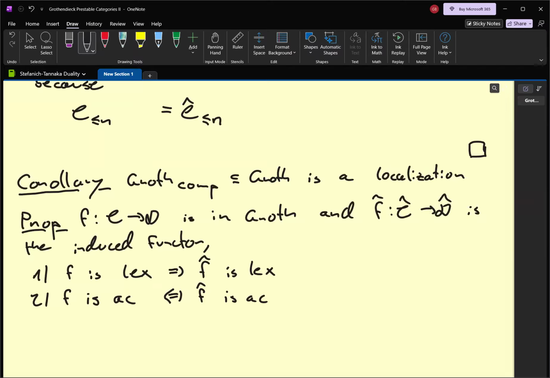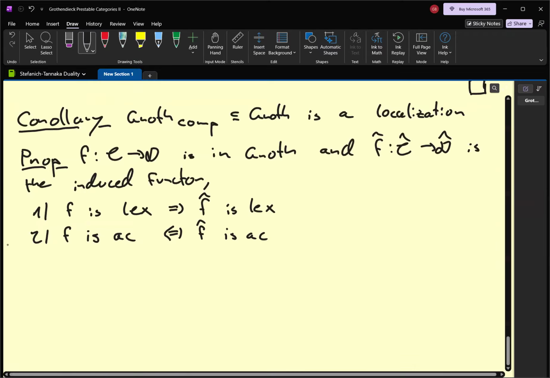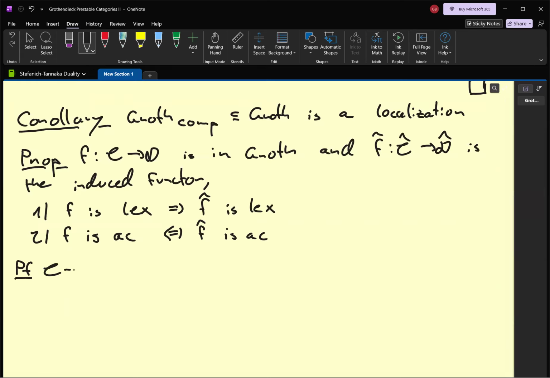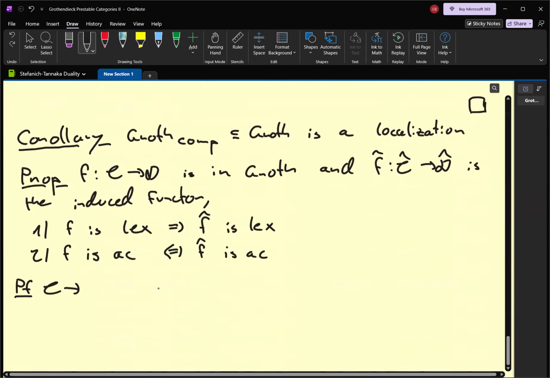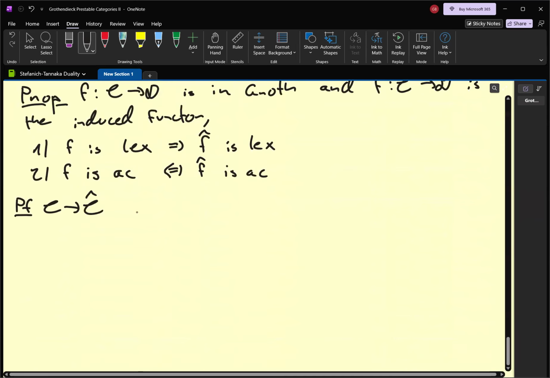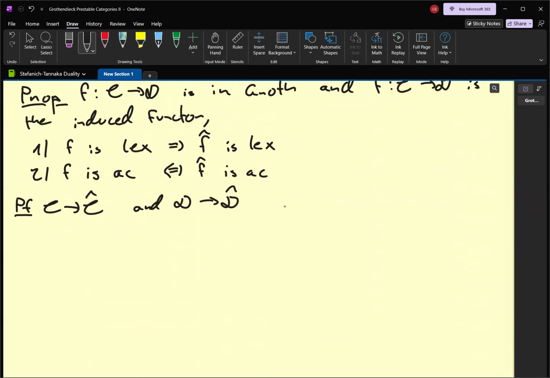And so the idea of the proof is that, as we have implicitly seen here, the morphisms C to C hat and D to D hat, and their right adjoints, restrict to equivalences on n-truncated objects.